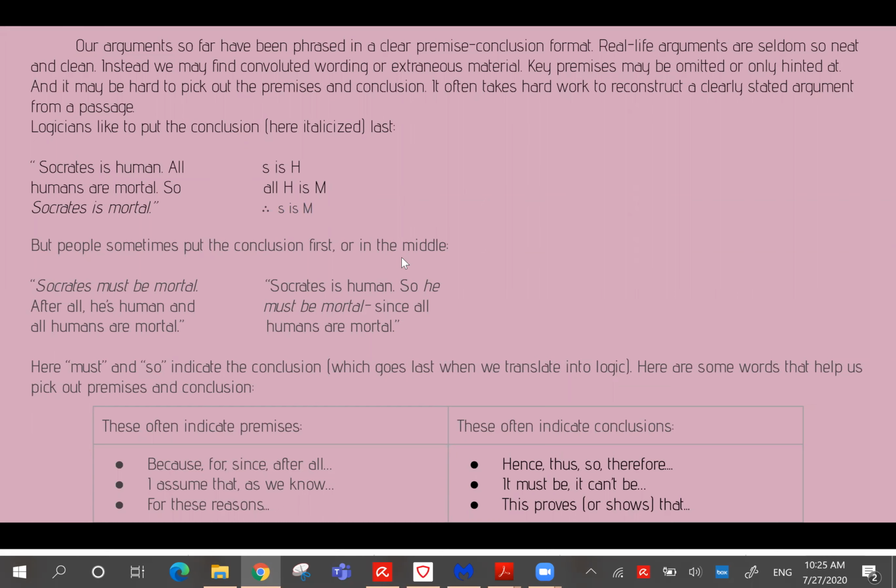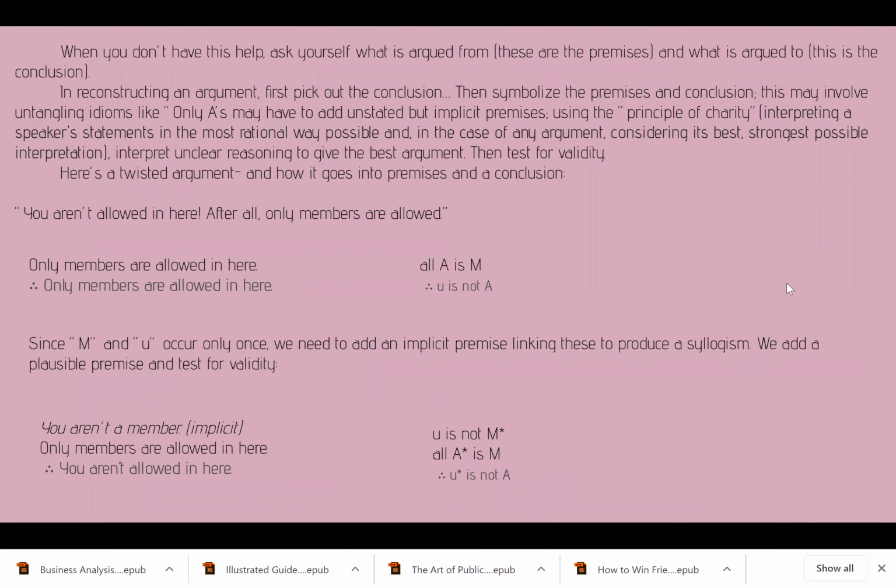And these words often indicate conclusions: hence, thus, so, therefore, it must be, it can't be, this proves or shows that. When you don't have this help, ask yourself what is argued from. These are the premises. And what is argued to.